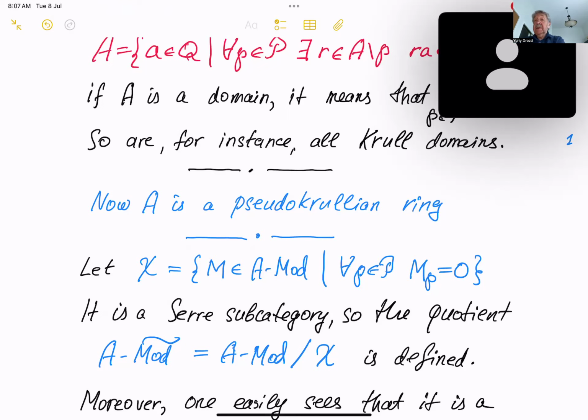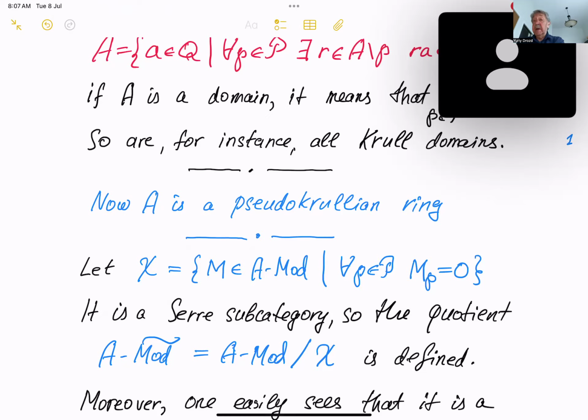I denote by X the full subcategory of A-modules consisting of those modules whose localizations are 0 for all primes of height 1. It is a Serre subcategory, so the quotient of A-modules by X is well defined.